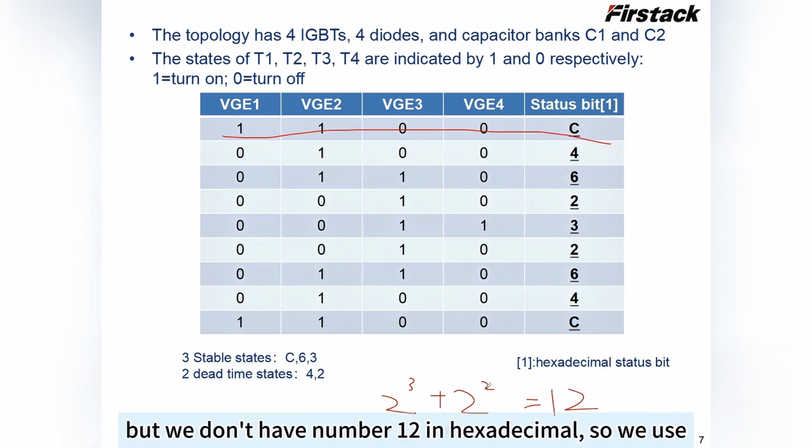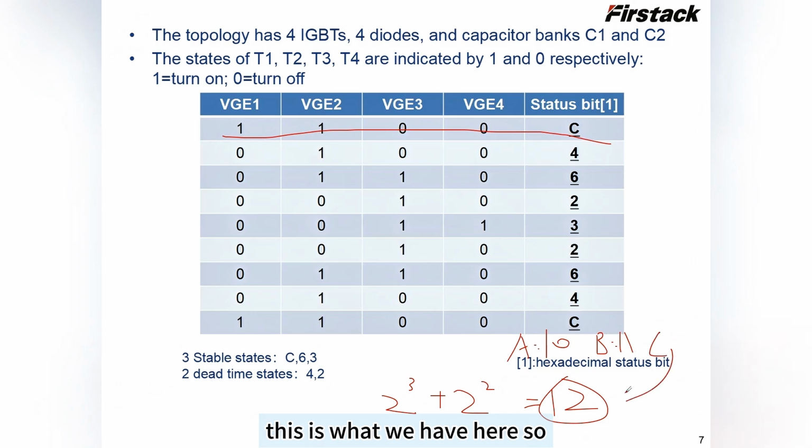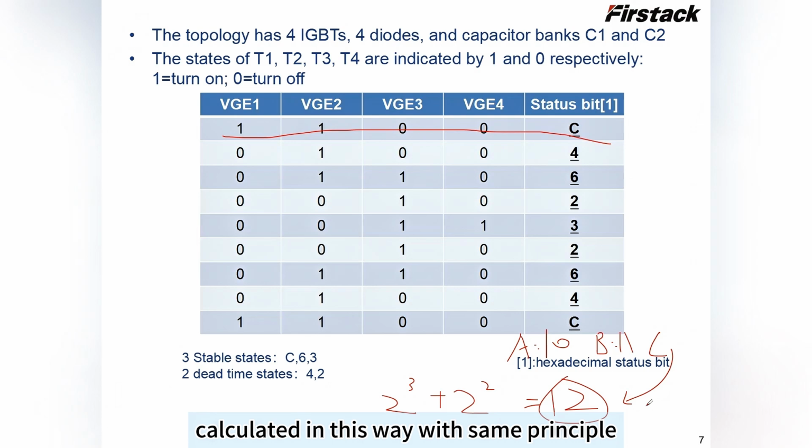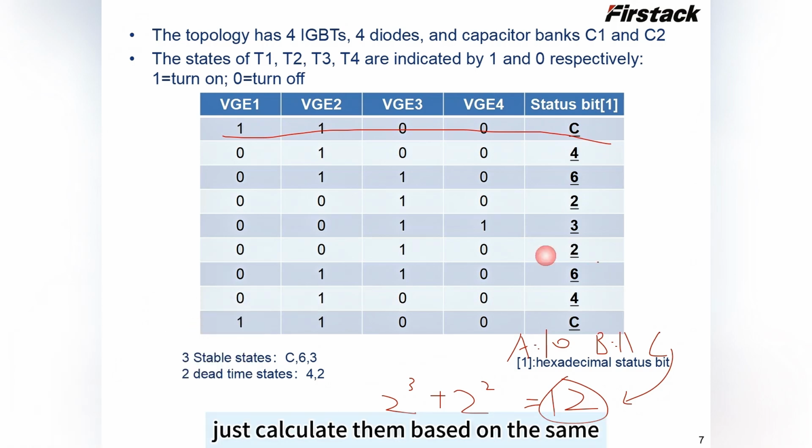But we don't have the number 12 in hexadecimal, so we use A, B, C, D, E, F. A is like 10, B is 11, so C is 12. This is what we have here, so the other status bits can be calculated in this way with the same principle, and you will get C462. Just calculate them based on the same calculation principle.